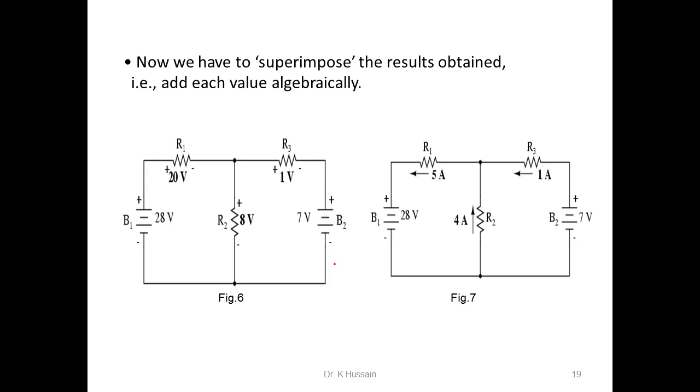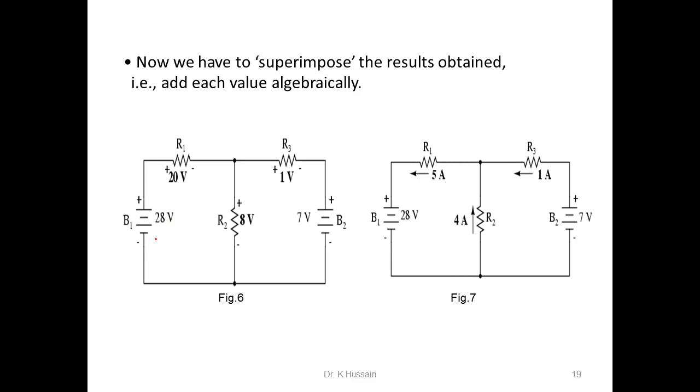Generally, they may ask only a single one. You find out one particular branch, apply this principle, find out the voltage, or they may ask to find the current. But in this example we have taken both voltage and currents. So easily, whatever they ask in the examination, in a simple manner we can find the voltage or current.